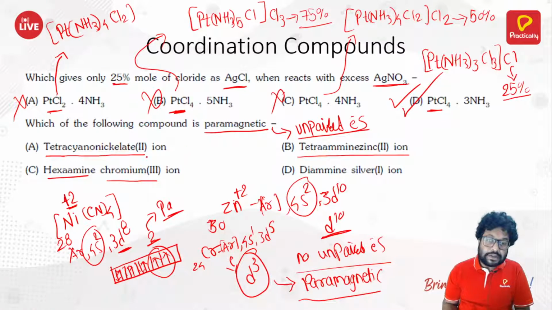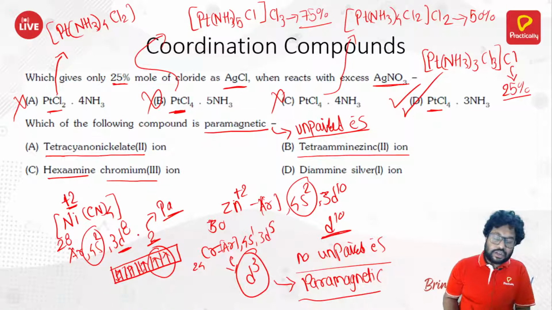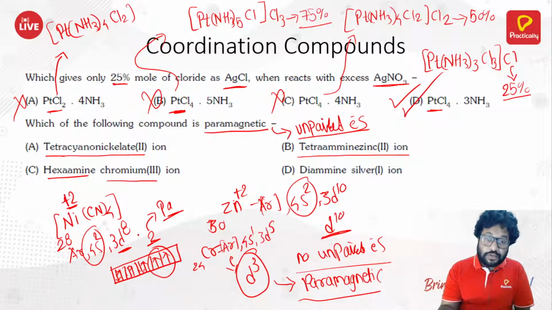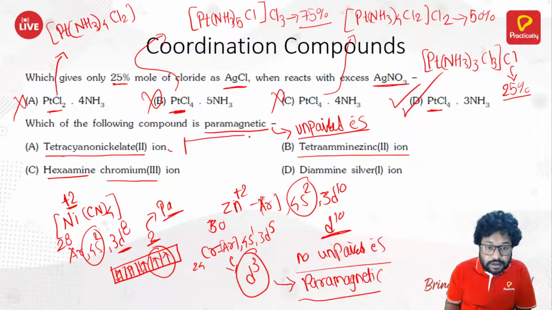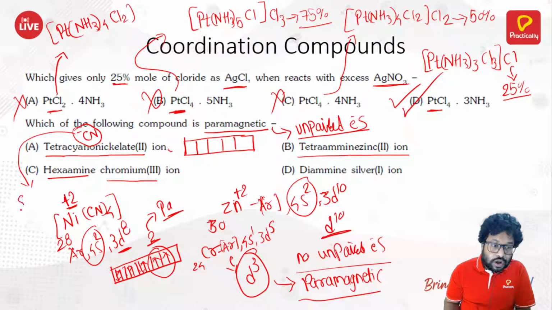But let me tell you some other things. As far as tetracyanonickelate is concerned, let me tell you about strong field and weak field complexes. See, your nickel in this particular case was having 8 electrons, right? That we already found. Now, how can you distribute those electrons? That is what the question is all about. Nickel is with cyanide, and cyanide is a strong field ligand.